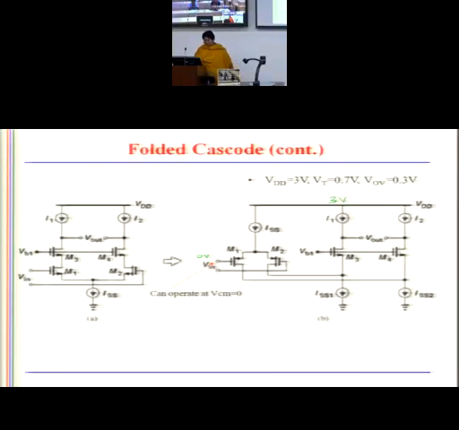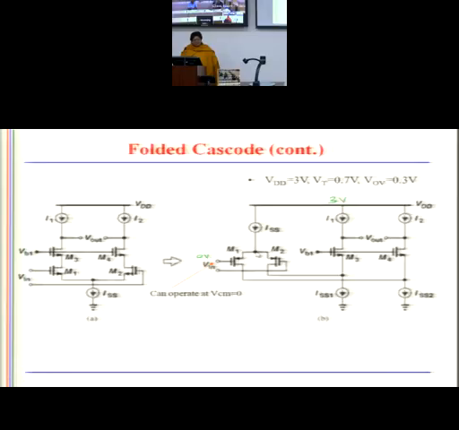Okay. So actually, each arm is folded. So this arm is folded. So this M1 folds here. That means, look at this arm, it is folded up. Similarly, another arm is also folded up. Because these two are connected at the source, here you have a connection at the source. Two PMOSes.